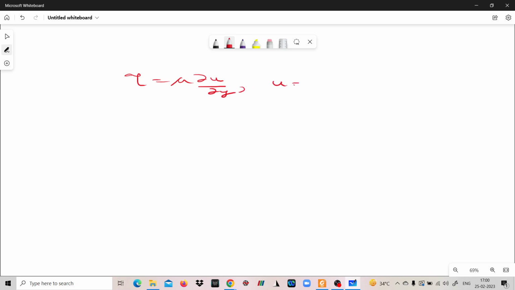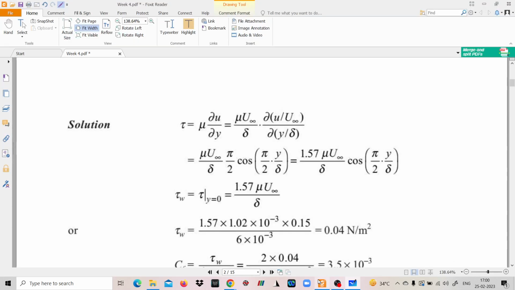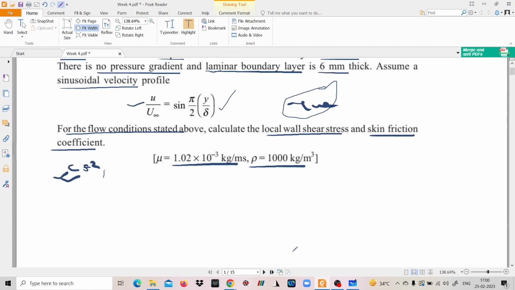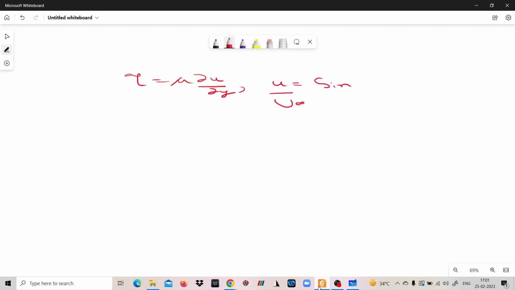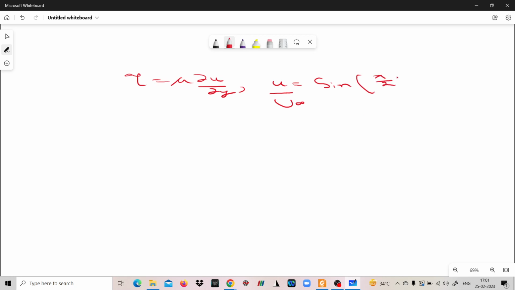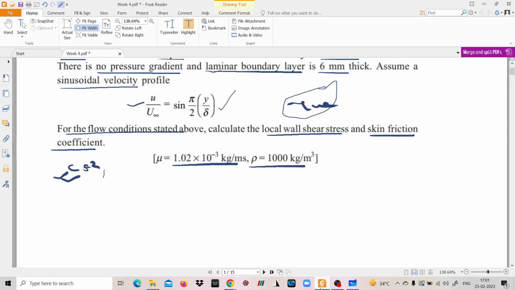What is the value of u? It is given to you that u by u infinity is sine pi by 2 y by delta.